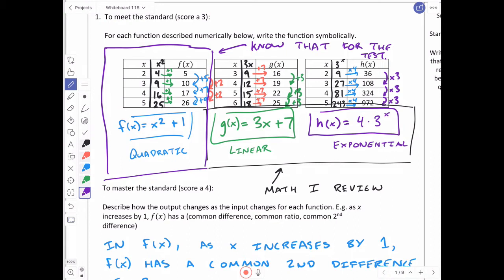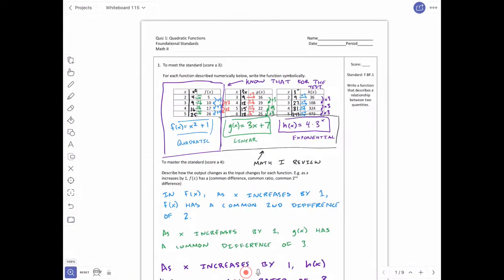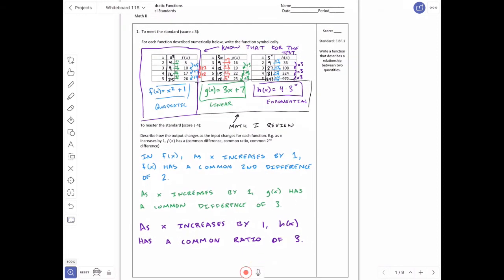Oh, and a skitlet had your back, Juan. Thank you, a skitlet. This review is important stuff. It'll come up all year long, but that's Math 1, not Math 2. Cool. That was it for number 1 on quiz 1. Any questions on number 1 on quiz 1?